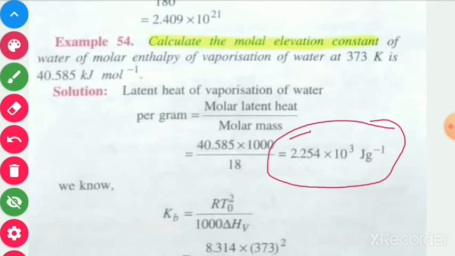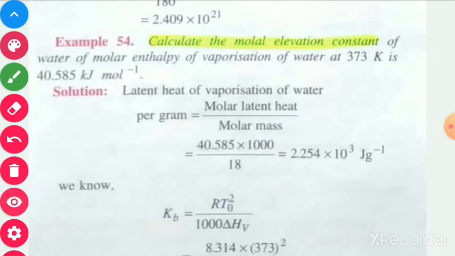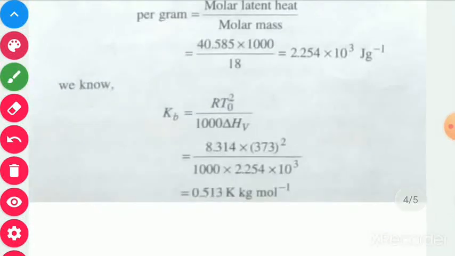As we know, the molar elevation constant Kb is equal to R T naught square upon 1000 into delta HV, the latent heat of vaporization. On putting the values, R is the gas constant, whose value is 8.314.